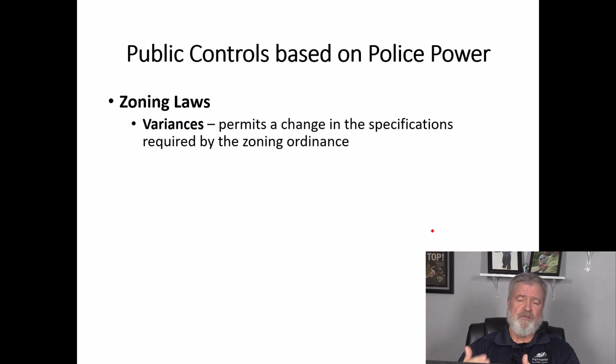When you're requesting a variance, you're requesting that the Planning and Zoning Commission rezone your property so that it could be used for whatever it is you wanted to do with it. Because as long as it's zoned the way it is, you can't do what you wanted to do. The only way you can do it is, you've got to convince the government to agree to change the zoning. And you do that through a variance.